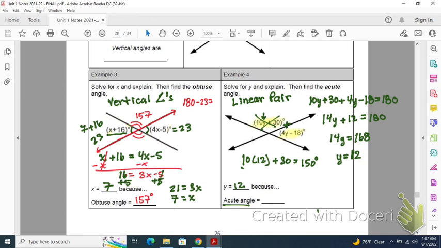And I am going to go ahead and solve for that. 4 times 12 minus 18. You end up with 48 minus 18, which gives you 30 degrees. You probably didn't have to plug it in because if this is 150, it has to add up to 180, so this has to be 30. That's another way to do it.